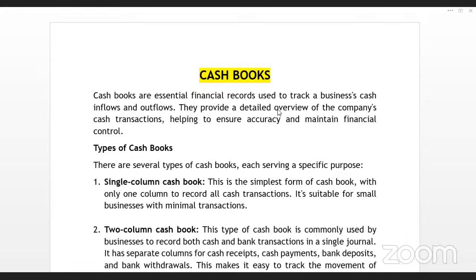Thank you, Pascal. Any other idea about what a cash book is? Yes. A cash book is a financial record that records all cash transactions of a business.